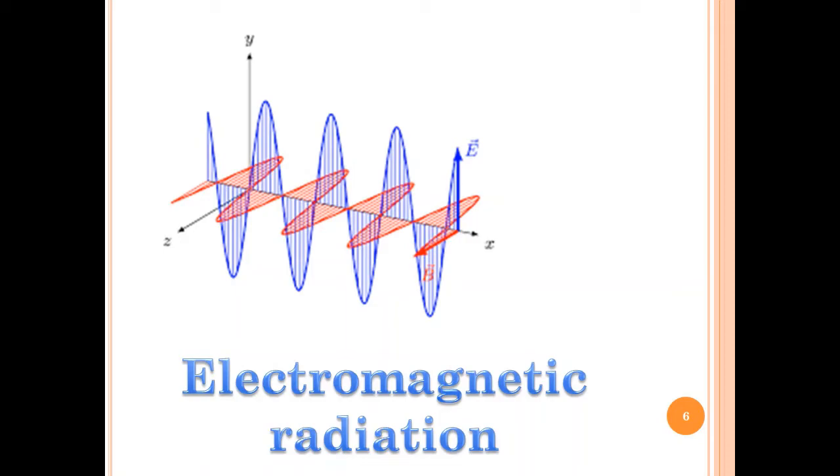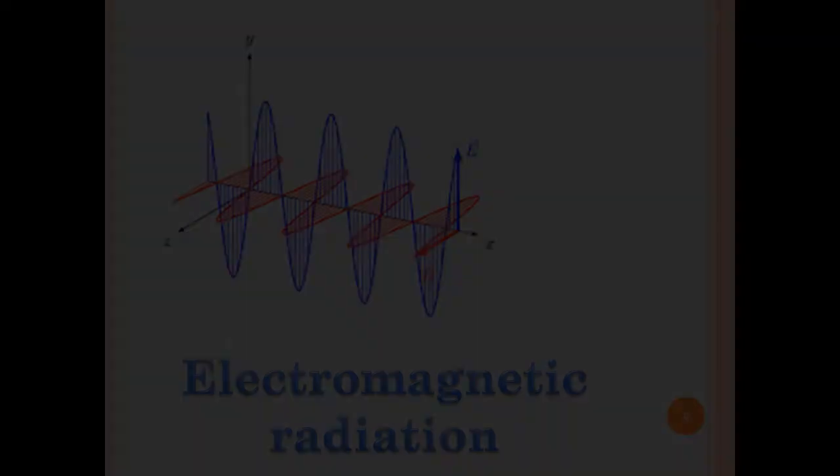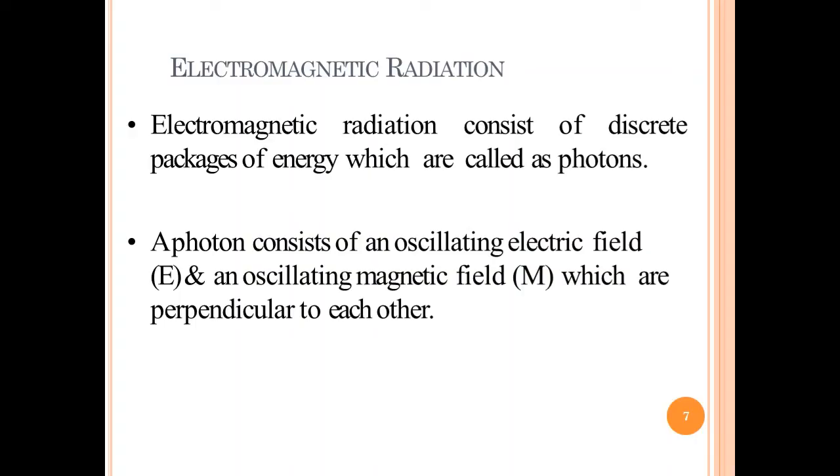What is electromagnetic radiation? Electromagnetic radiation is a form of light or energy that has oscillating electric and magnetic fields, both perpendicular to each other. So that is the definition. A photon consists of an oscillating electric field and an oscillating magnetic field which are perpendicular to each other.